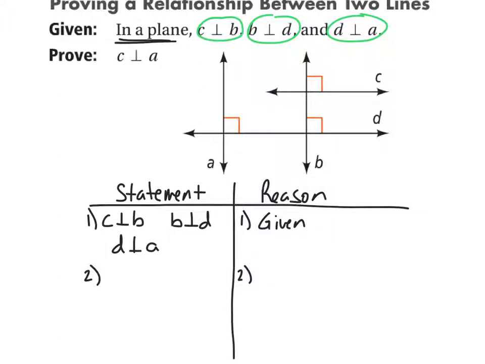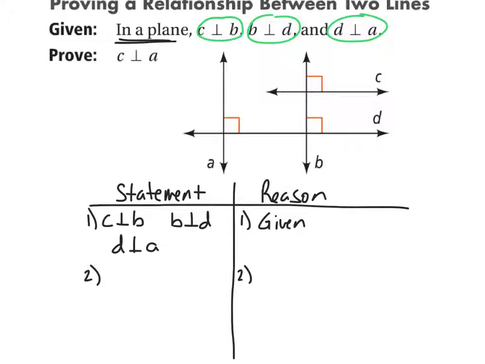Now, first thing you got to remember is, of course, this arrowhead implies that this line is going to keep going. So it should intersect line A, but will it intersect at a right angle? I don't know. So we're going to have to work our way around here to see if we can find out that A and C are in fact perpendicular.